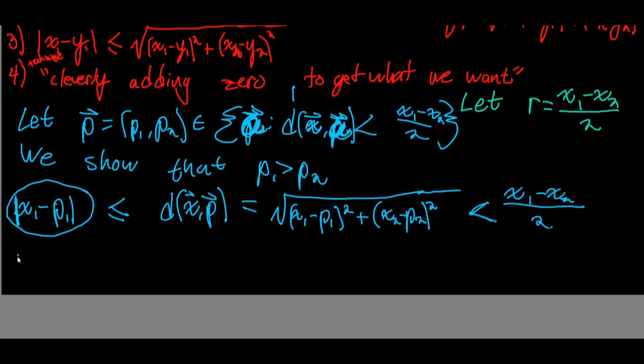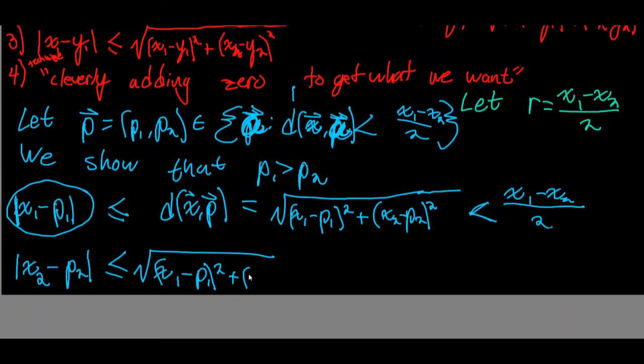and also, I forgot to mention that in the same way that the absolute value of x1 minus p1 is less than or equal to the square root of (x1 minus p1) squared plus (x2 minus p2) squared, we can say a similar statement for the absolute value of x2 minus p2. We can say that the absolute value of x2 minus p2 is less than or equal to the square root of (x1 minus p1) squared plus (x2 minus p2) squared.